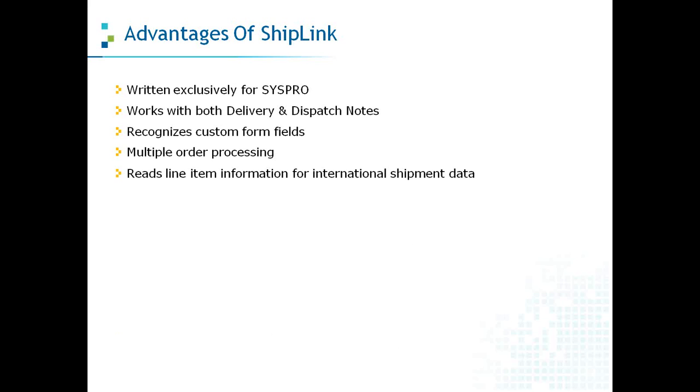For international shipments, it does read the line item information, including tariff codes if need be, and makes for very fast, automated international processing of shipments.